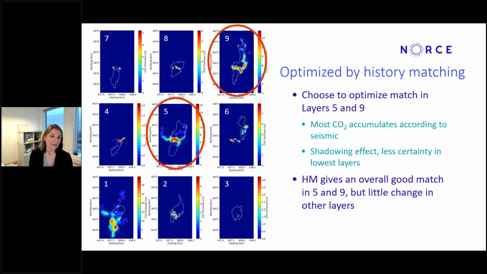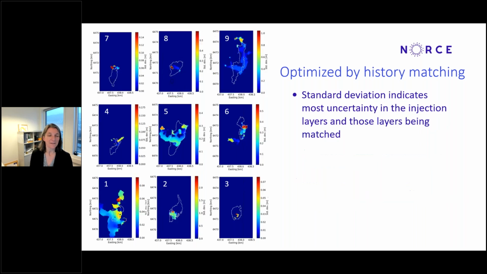What we find is that we're getting a better match than if we don't do anything, but it is still very difficult to match these polygons. There's very little change in the other layers, but that's to be expected because we haven't tried to match those. A lot of the CO2 is still collecting in the first layer, and that's not what you want, but it's very hard, given another way of trying to match the data with other types of uncertainty, to get that to evolve. Next slide, please. I think I'll skip the next one.